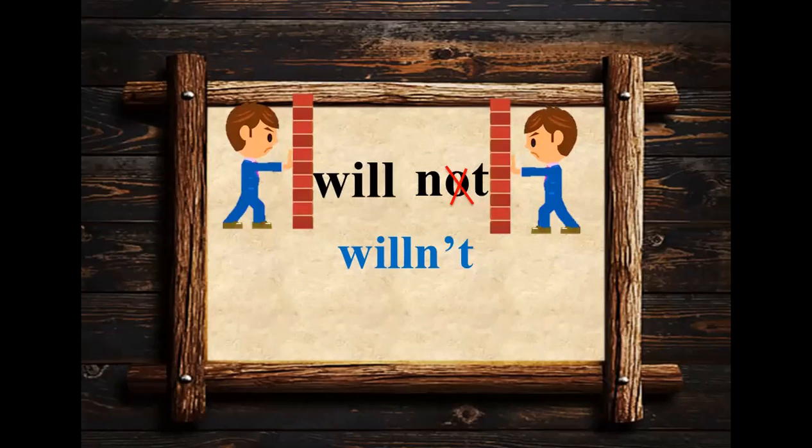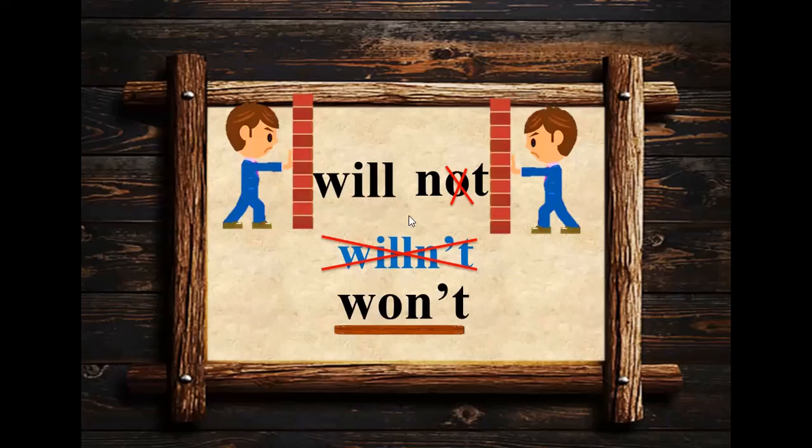The contraction willn't is considered to be wrong by the users of English language. Instead of willn't, they have adopted the old English form, which is won't. Okay, so always remember, will not is won't. Clear? And the place of the missing letter O will be substituted with an apostrophe.